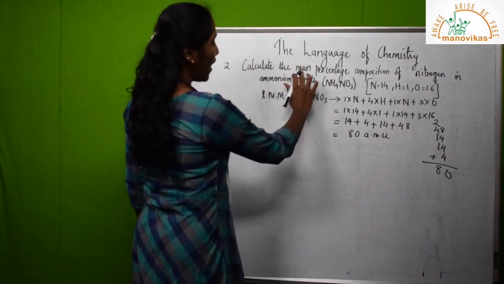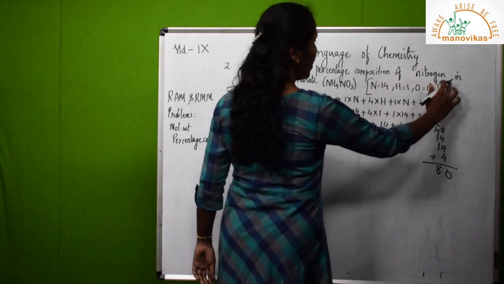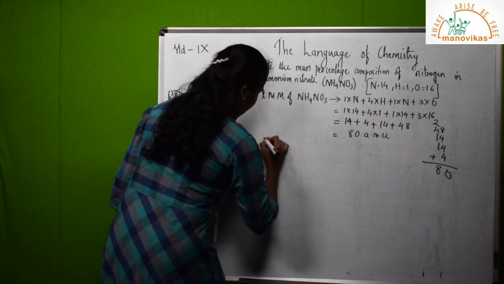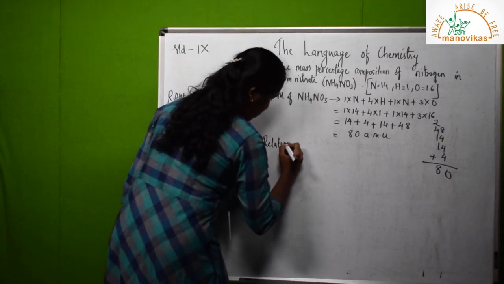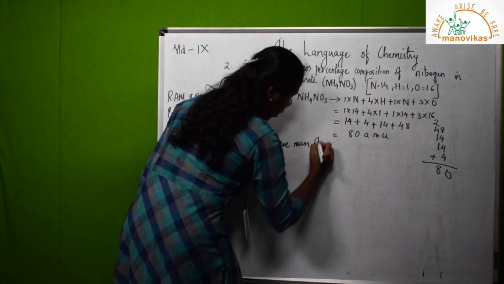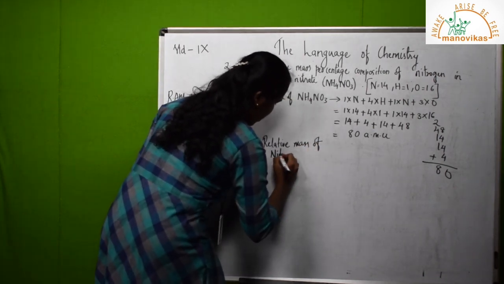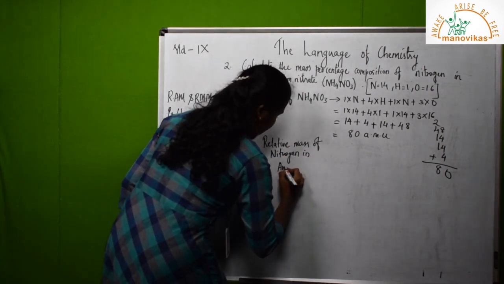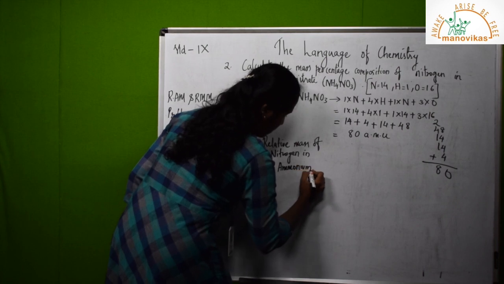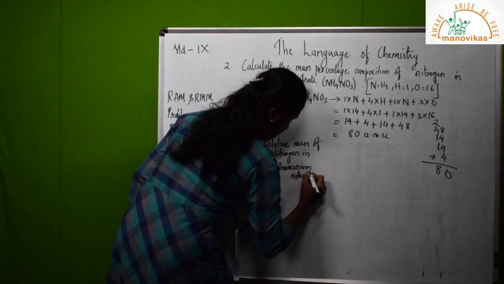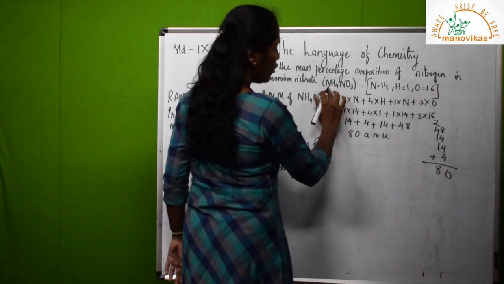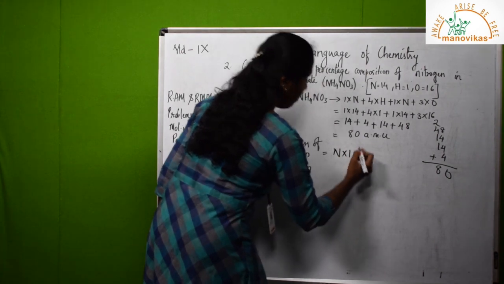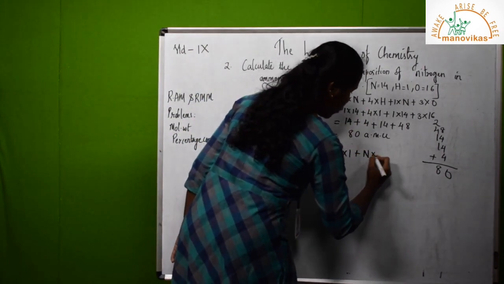Now you are asked to calculate the percentage composition of nitrogen in ammonium nitrate. So the relative mass of nitrogen in ammonium nitrate is, now here nitrogen you have 2 times, so it will be N into 1 plus, again you have one more N into 1.